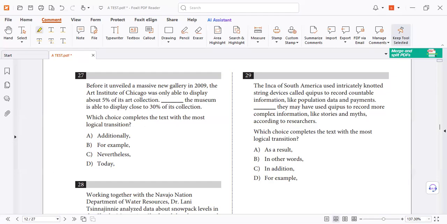Today, letter D. Letter A. Letter D, I said.